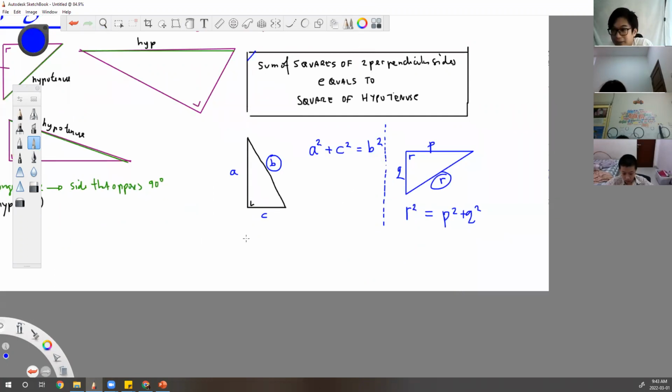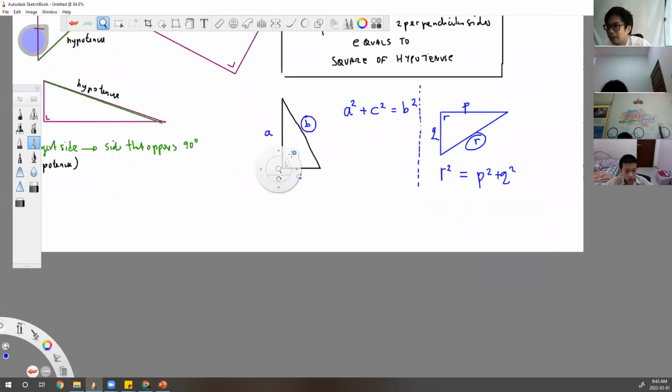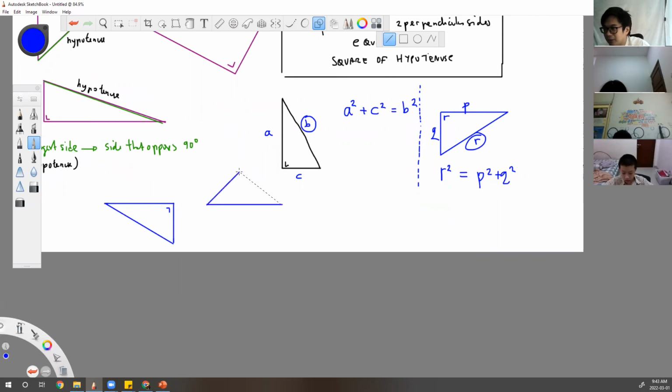Okay, I will give some exercises here. Random right angle triangles.